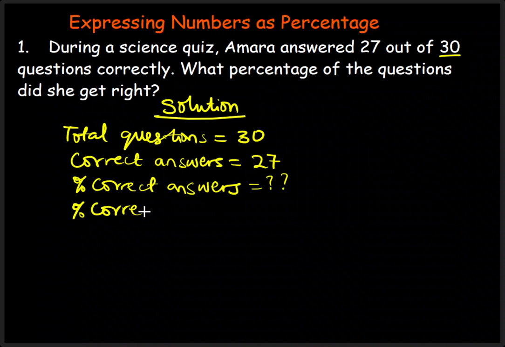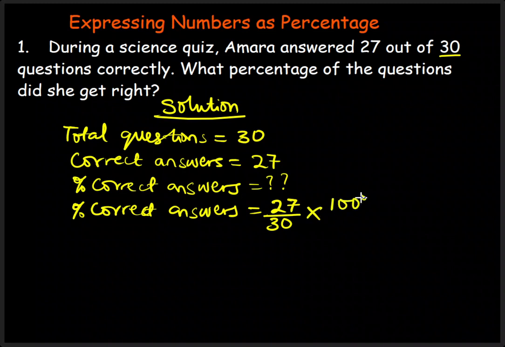Percentage of correct answers will be equal to the number of correct answers, which is 27, all over the total questions, then times 100%. The number of correct answers is always over the total, then times the total percentage.